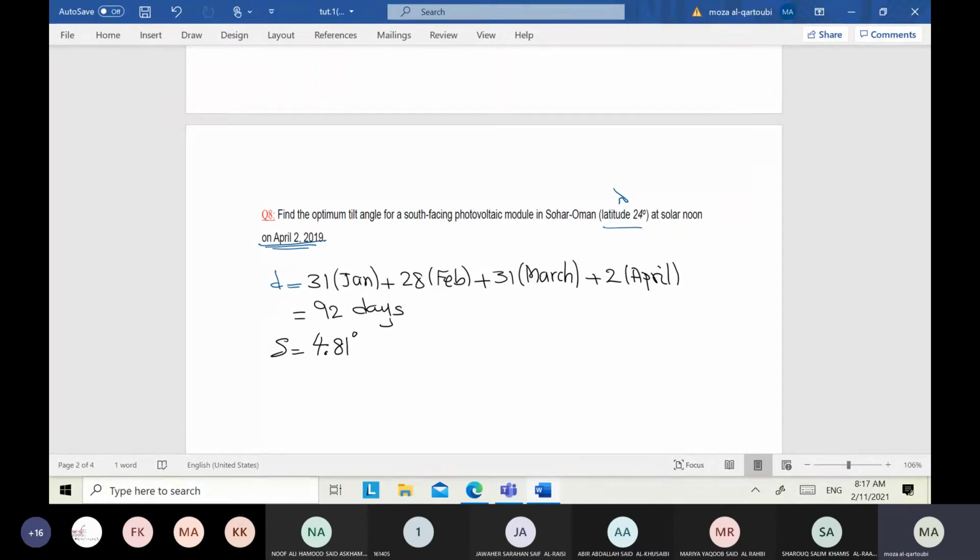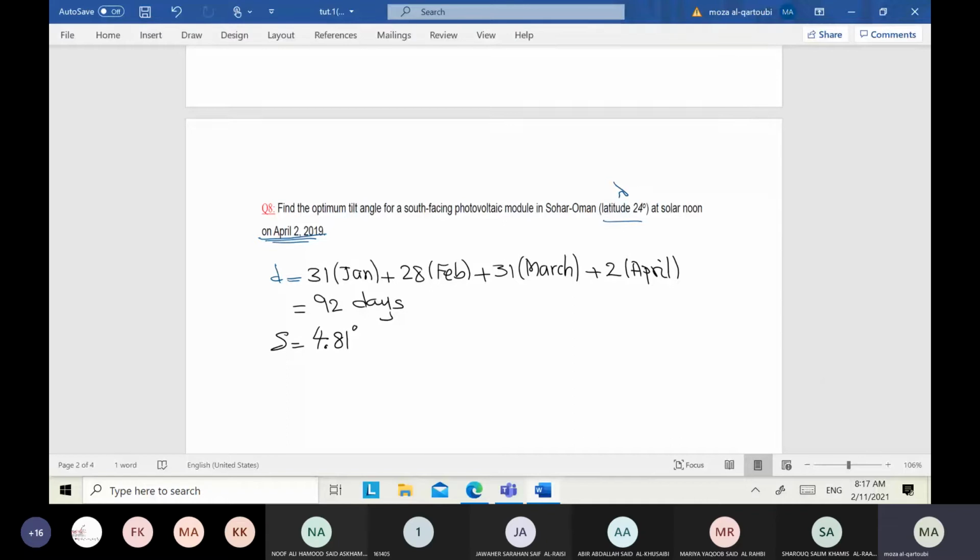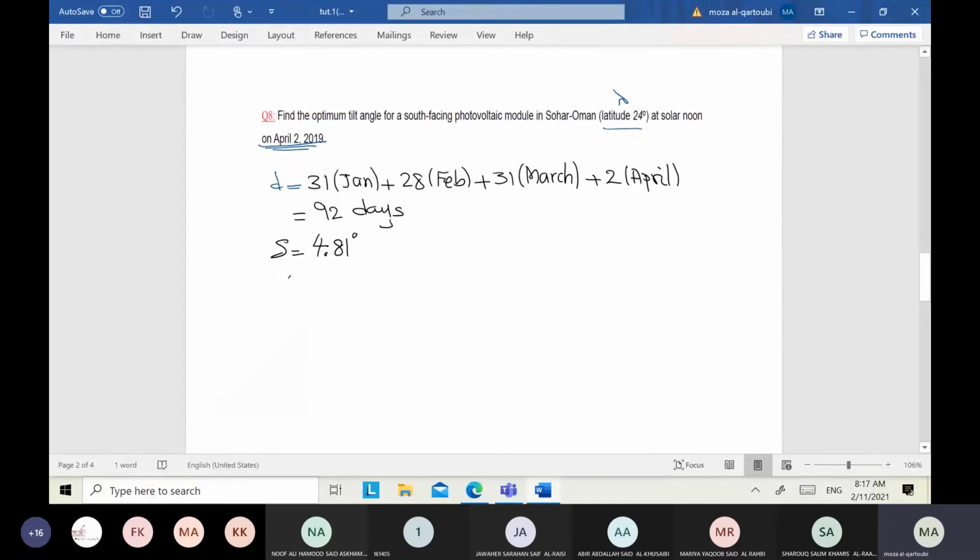Then we'll find beta, where beta equals 90 minus lambda, lambda given equal 24, then plus delta. We'll find the answer equal to 70.81. Then the last step is to find the optimum tilt angle or elevation angle.